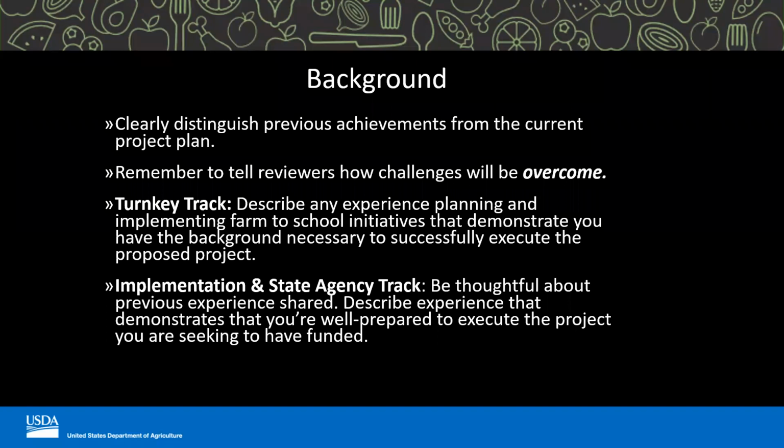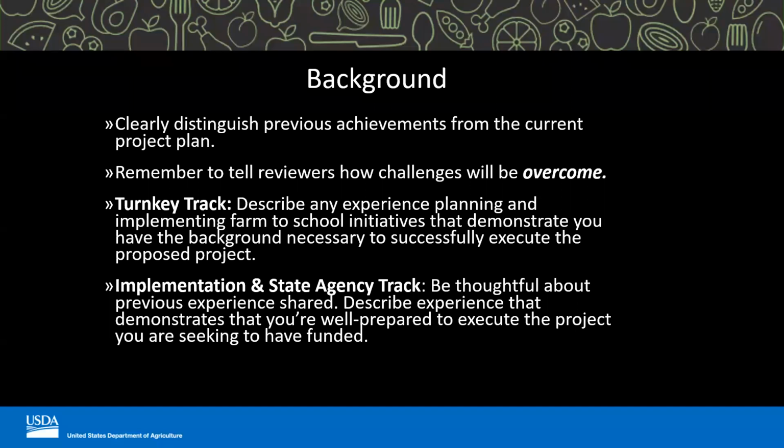This will allow the reviewers to see the full picture of your organization's background and how it fits into your proposed plan. For implementation and state agency applicants, you must also first identify your target population while also mentioning all relevant information that tells the status of Farm to School initiatives in your organization. You want reviewers to know you have relevant experience implementing Farm to School activities.